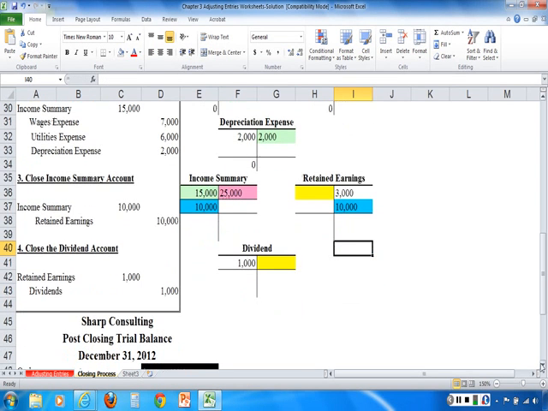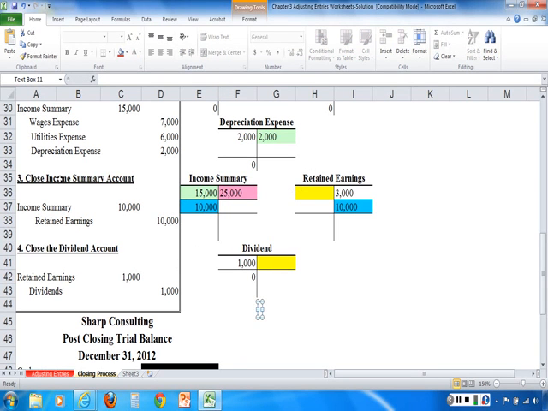Finally, I have to close out the dividend account, and the dividend account has a debit balance, and my goal is to get that to zero. And so I would need to credit dividends, and I close out the dividend account to retained earnings, so I would need to debit the retained earnings account for $1,000.